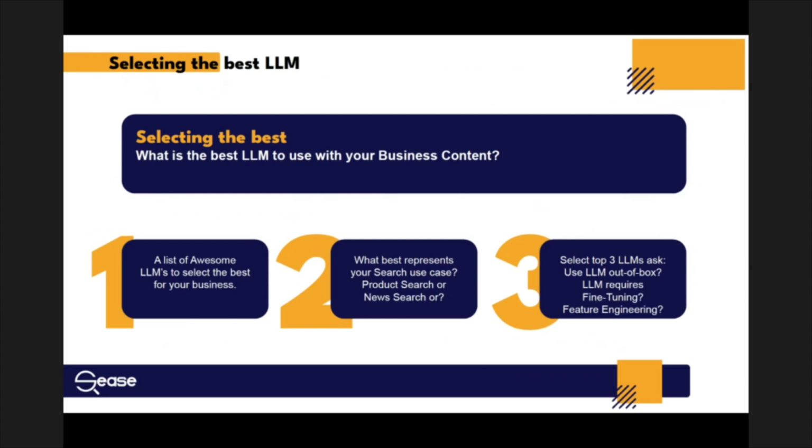Can I use the large language model for commercial purposes? And then, depending on the domain, among the ones that are compatible from the point of view of the license, which one should I choose? Am I talking about e-commerce product search, or news search, or medical search? Depending on that, you may choose one or another.